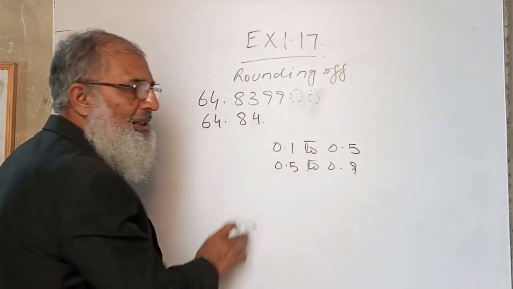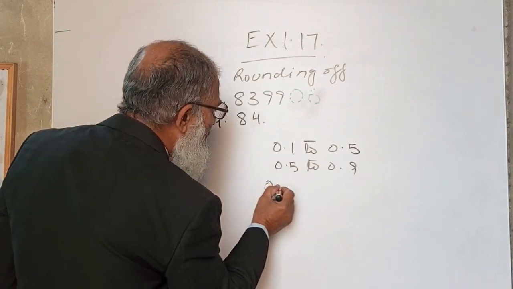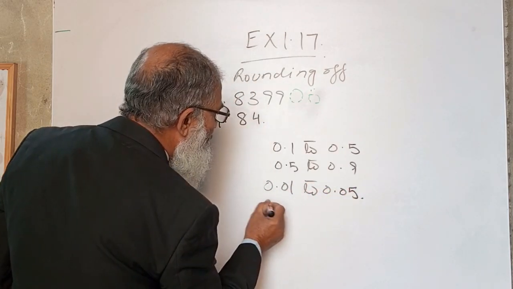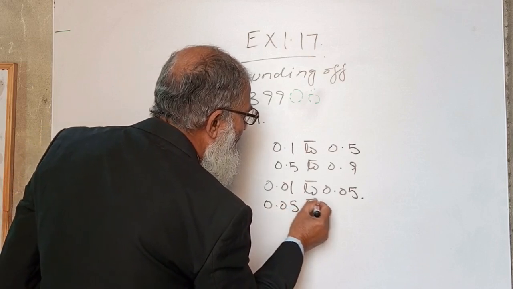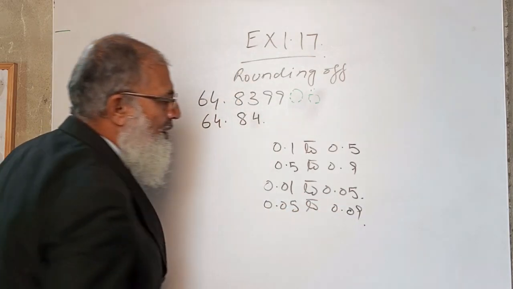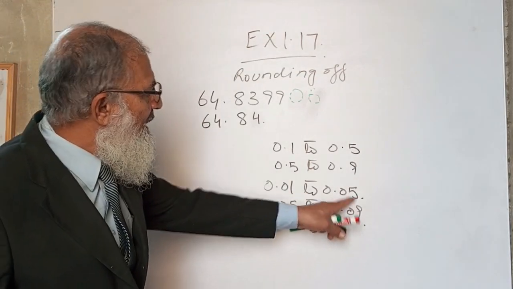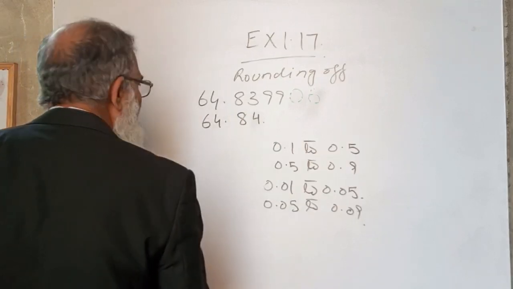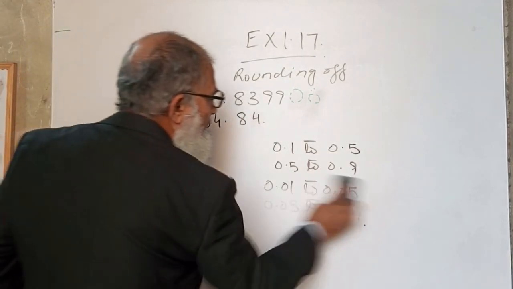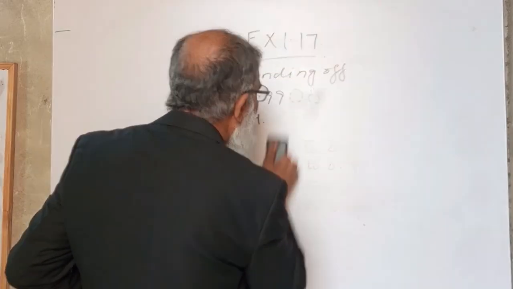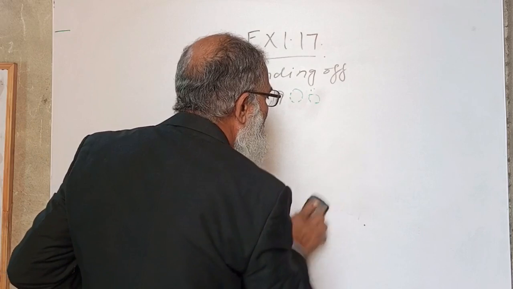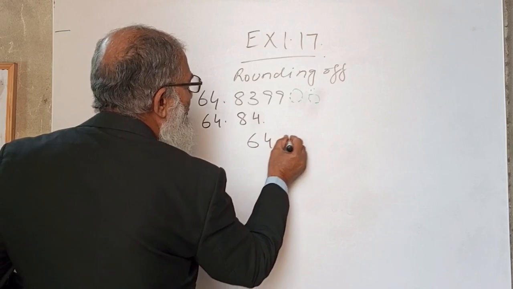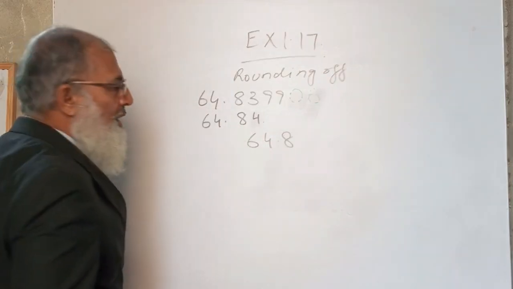It is not only the case over here, it is the case also from here to here, and also from here to here. You just take the next higher digit towards the left. So here I once again ignore this 4. Now I have ignored the 4 over here.